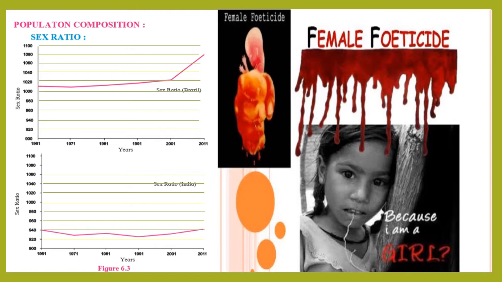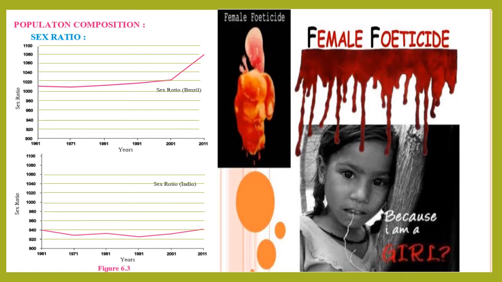Why are they killed? Because the parents or the family, those who don't want a girl child, go to the doctor and determine the sex, whether it is male or female. So if it is female, then that fetus is killed. Determining the sex is a major crime in India.